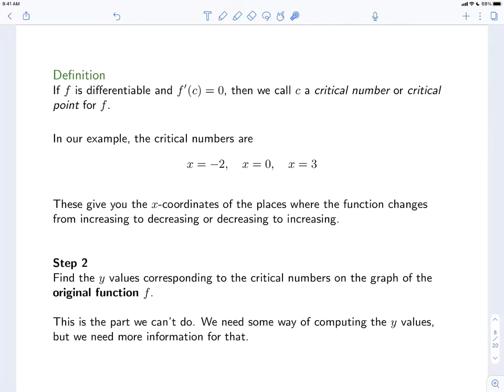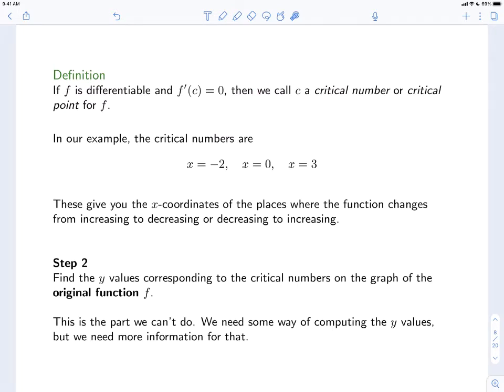The derivative might be discontinuous, so there might be a jump from positive to negative. So if you're trying to find these transition points, it's not enough just to look where the derivative is equal to 0. You might have to look at places where the derivative doesn't exist as well. But in the example that we're looking at, the function is differentiable everywhere. So we're only seeing critical numbers where the derivative is equal to 0.